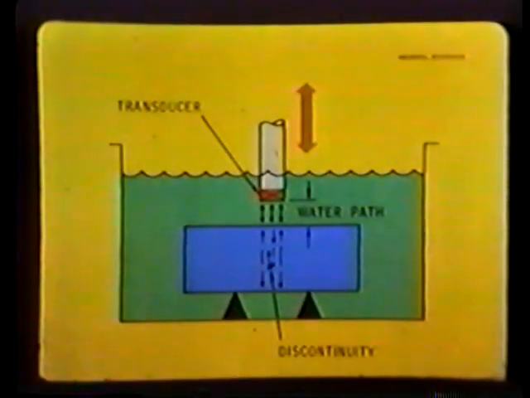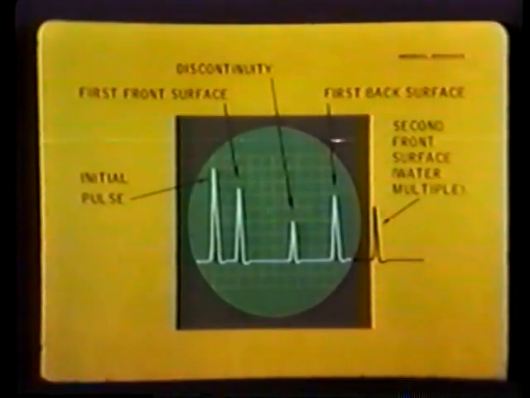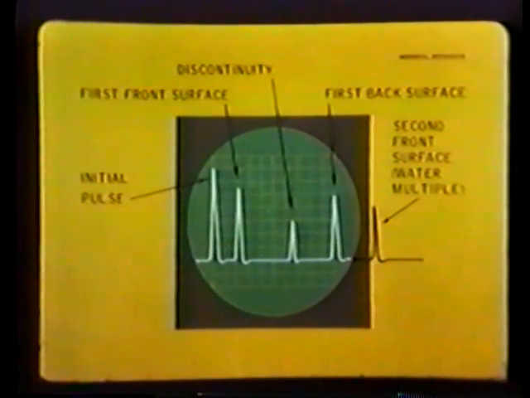Water multiples are easily identified by moving the transducer slightly toward and away from the test specimen while observing the CRT. The first front and the first back surface reflection will move back and forth along the baseline as the water distance varies, but their distance relationship to each other will remain constant.